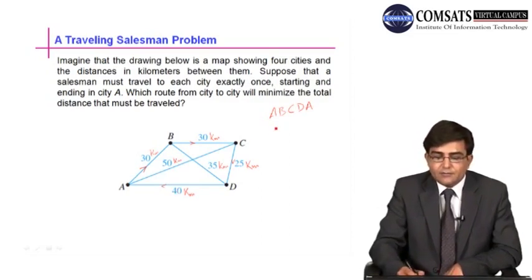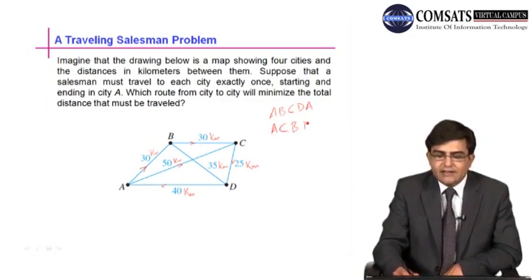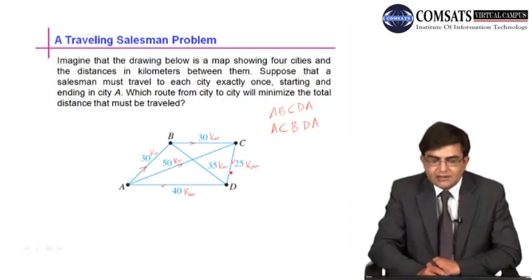He can use A, C, then B, then D, and then A. He can use this path also.